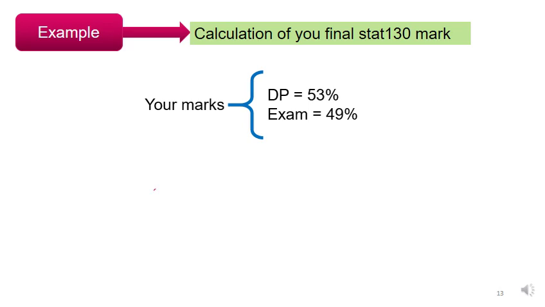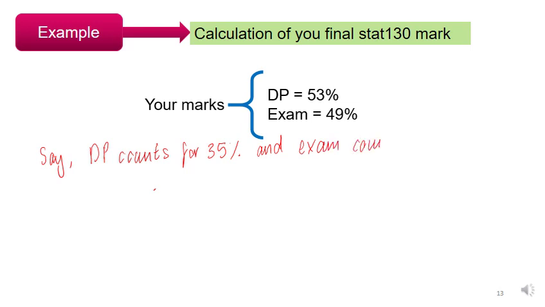Say DP counts for 35% of your final mark, and your exam counts for the remainder, 65% of your final mark. Then you want to calculate a weighted mean. So what would you get as your final mark?